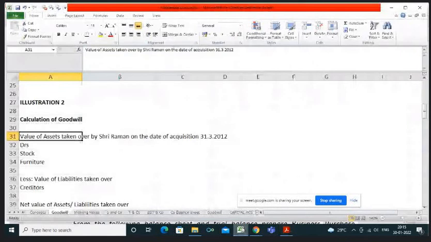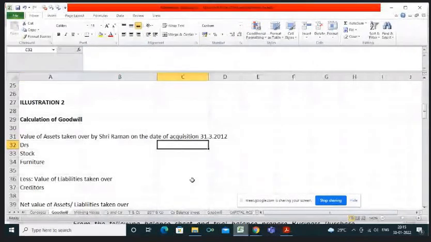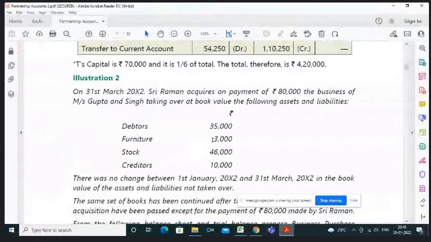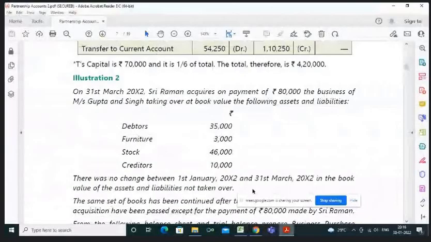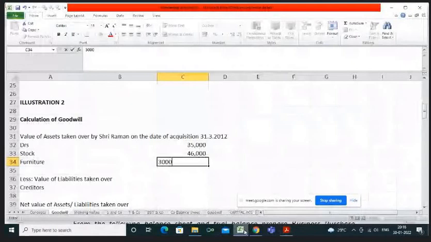So debtors, what is the value of debtors? The debtors have been taken over at a value of 35,000. And stock, they have been taken over at a value of 46,000. And furniture, it has been taken over at a value of 3,000.